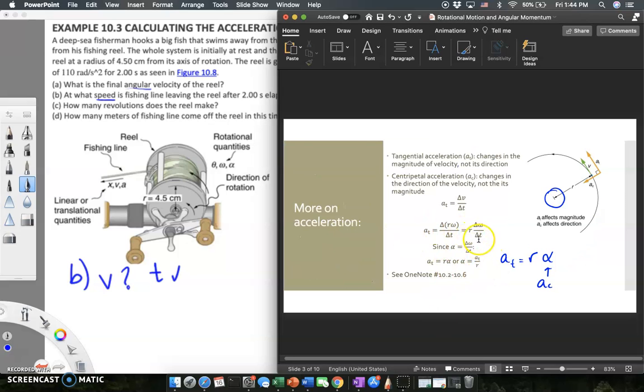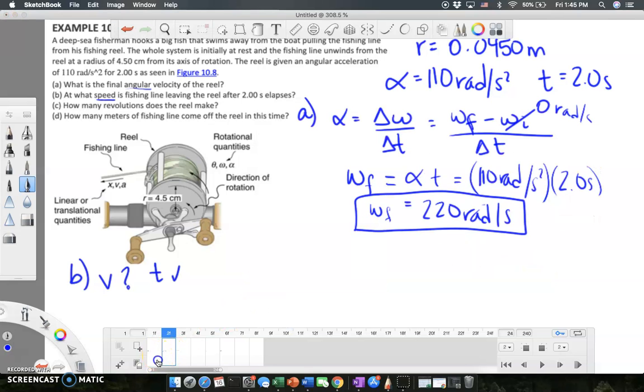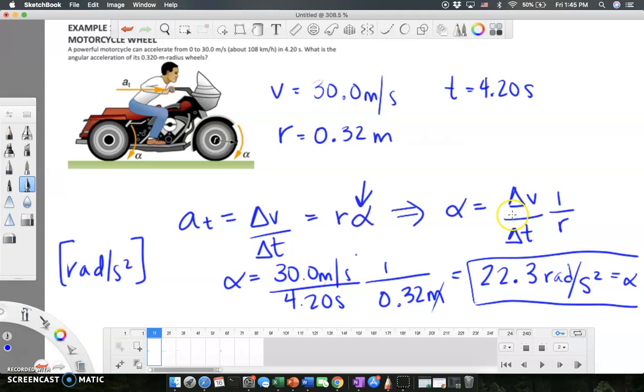So let's look at these equations here. Our velocity is related to our tangential velocity, and that's also related to our alpha. So I would say we can do something similar to what we did in this previous problem, and determine from there our velocity. So that's what I'll do, is I'll use something similar to this.